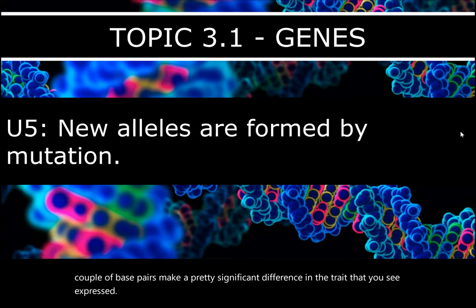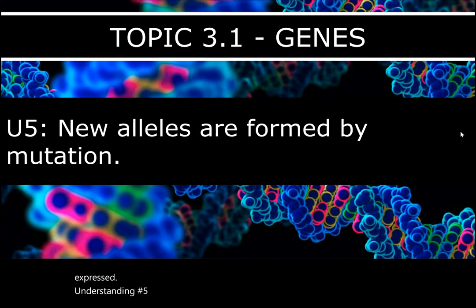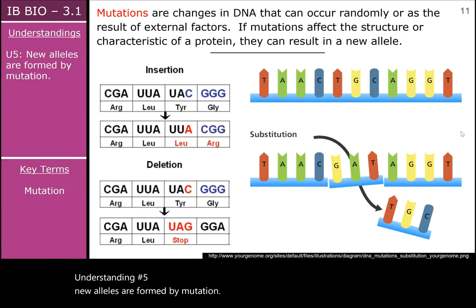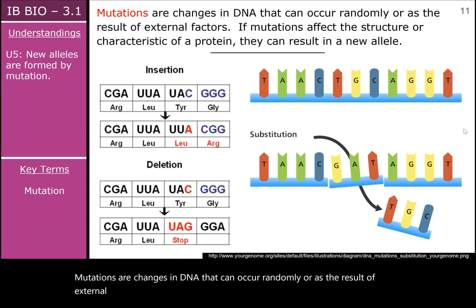Understanding number 5. New alleles are formed by mutation. Mutations are changes in DNA that can occur randomly or as the result of external factors. If mutations affect the structure or characteristic of a protein, they can result in a new allele.